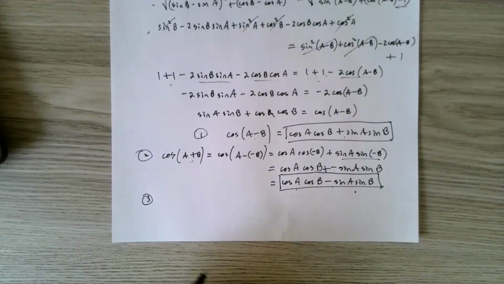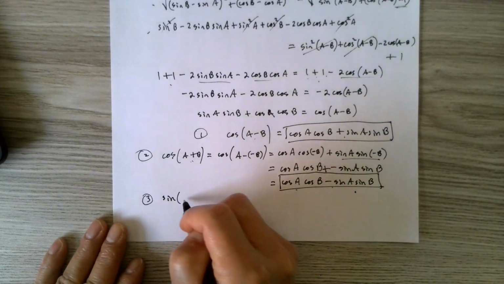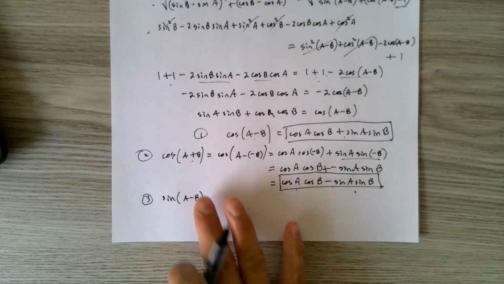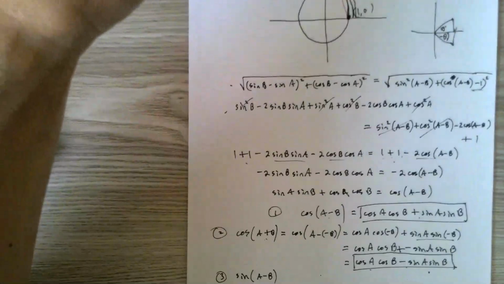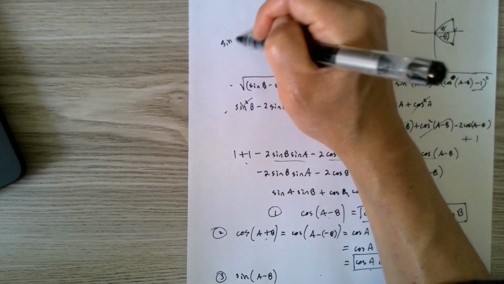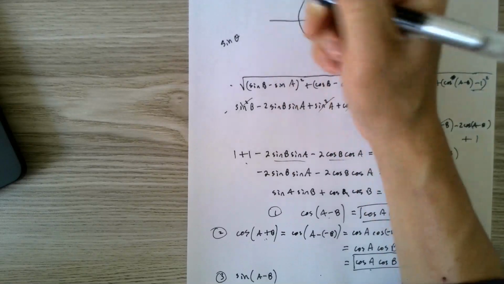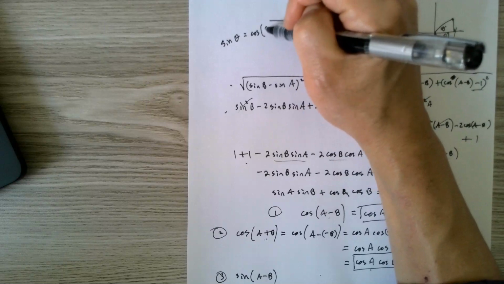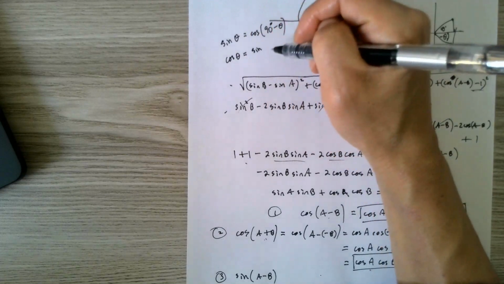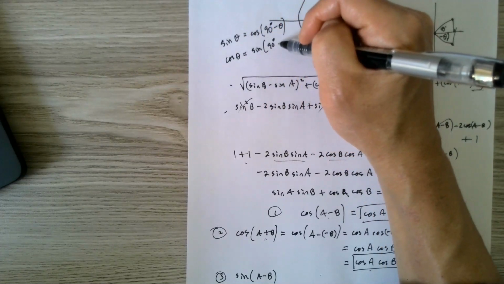Okay, the third one is going to be the sine of A minus B. To do this one we need to remember something that we discussed before, and that is it is true that the sine of theta is the same as the cosine of 90 degrees minus theta, and also cosine of theta equals sine of 90 degrees minus theta.